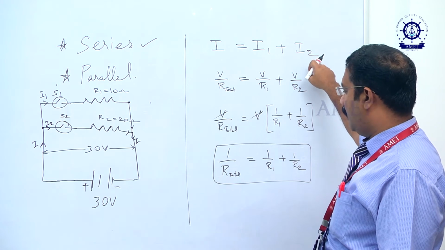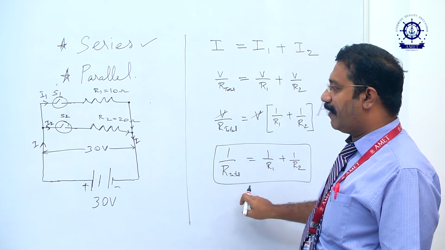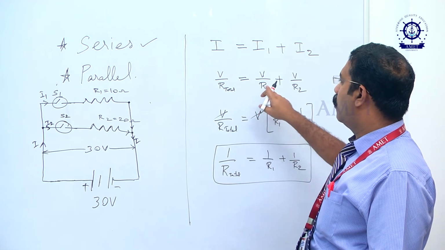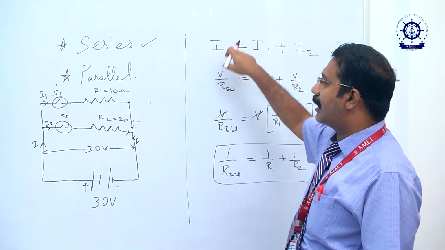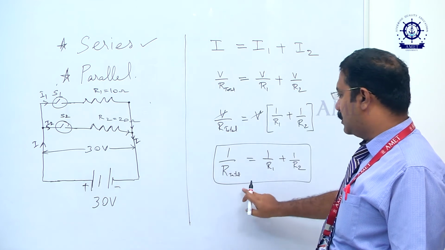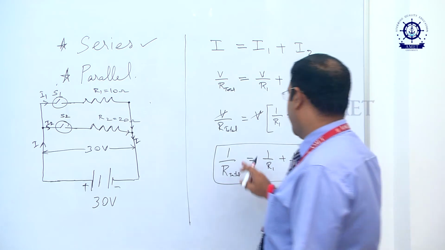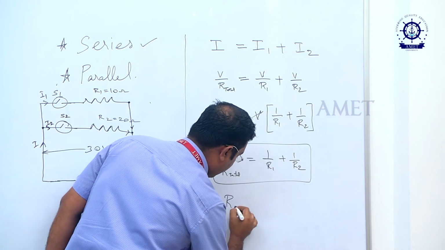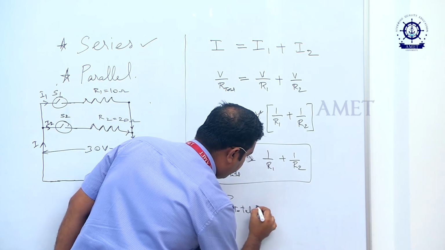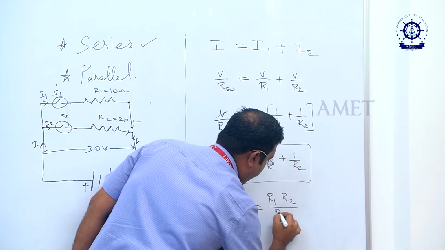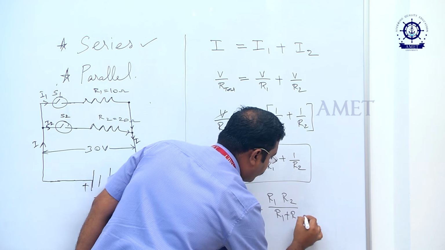By finding the equivalent resistance, you can easily find the total current. Using this formula you have to find R total. R total or R equivalent will be equal to R1 R2 by R1 plus R2.